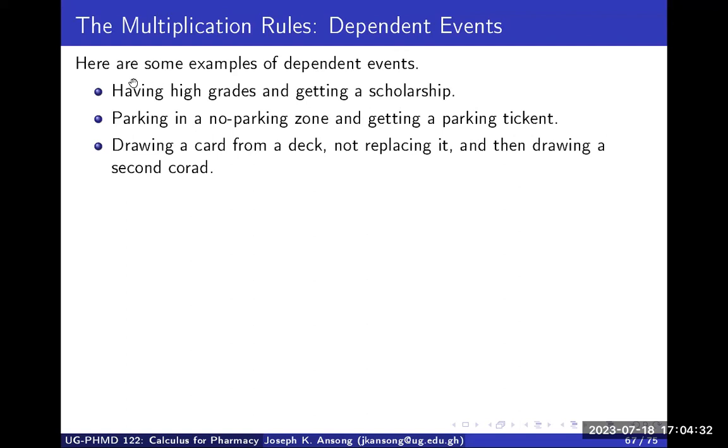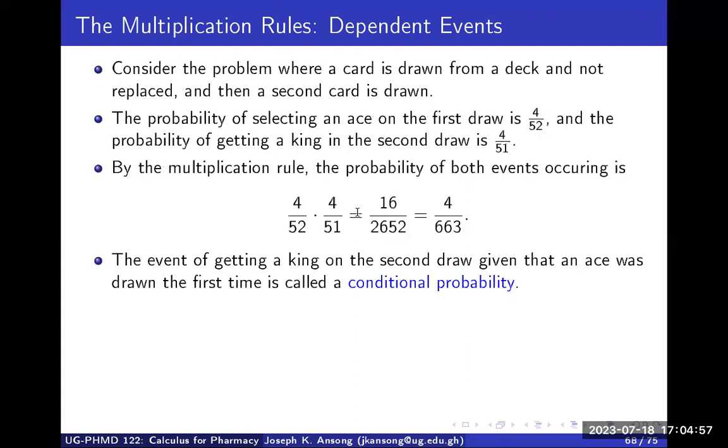So if you have high grades, you're likely to have scholarships, so they are dependent. Parking in a no parking zone and getting a parking ticket, they depend on each other. You don't get a ticket if you don't park in a no parking zone. Drawing a card, we've talked about this. If you don't replace it and draw a second card, those events are dependent, okay? So you can think of more dependent events as well.